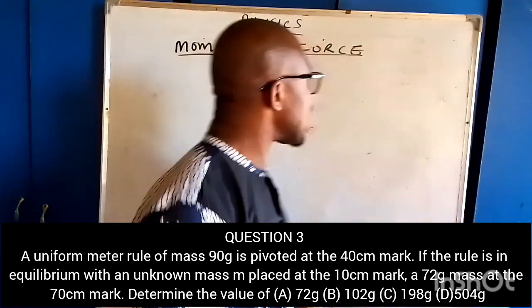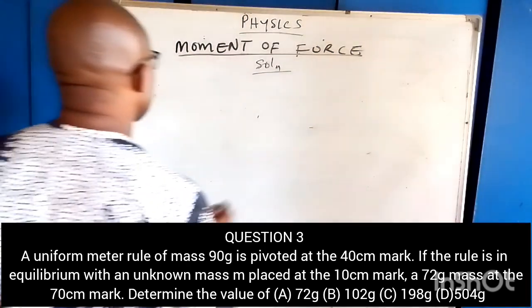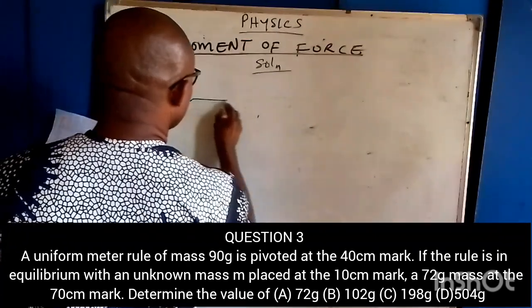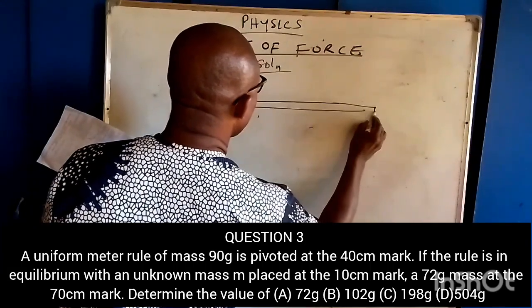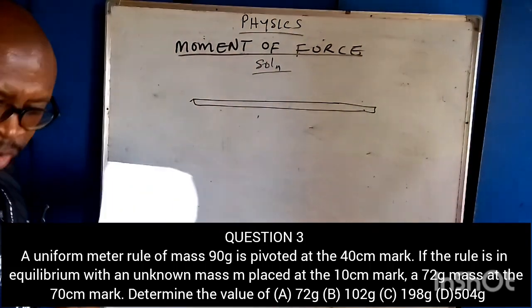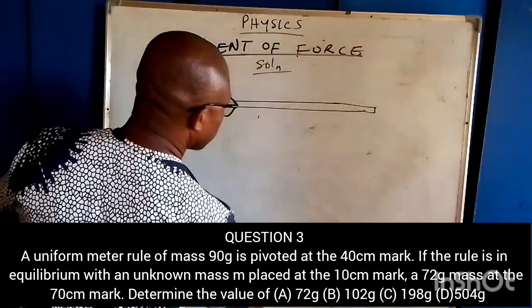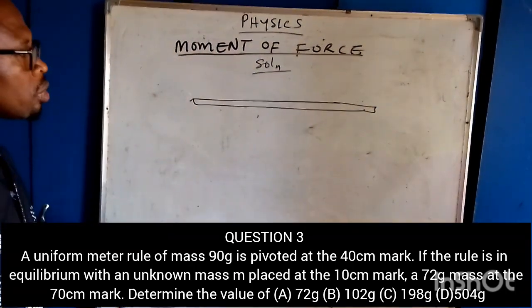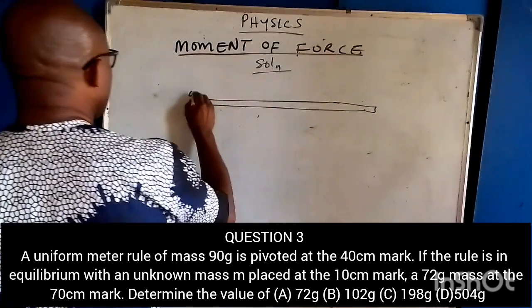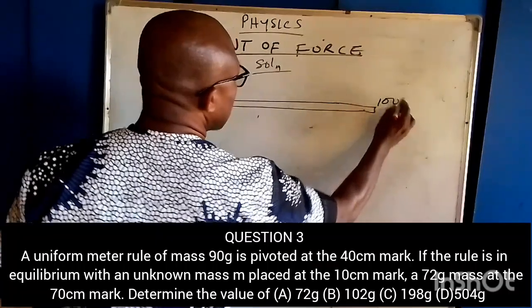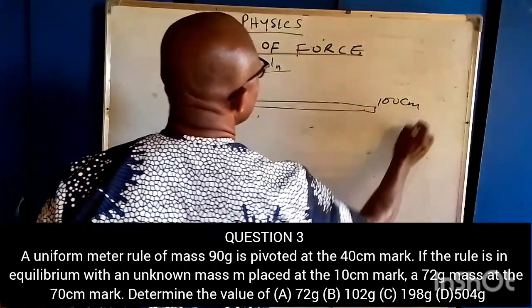So in this case, what we'll do is to represent the meter rule. If we represent the meter rule, here is 0, and this side is 100 cm.